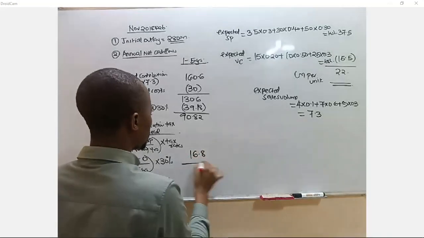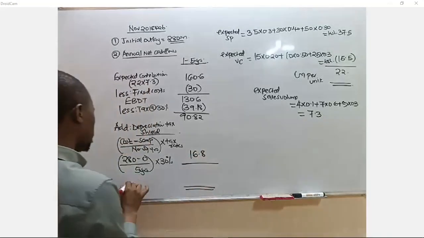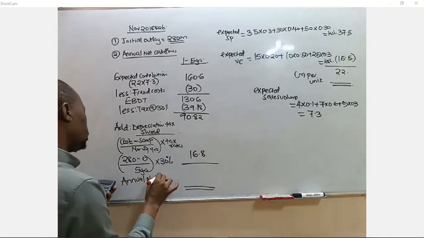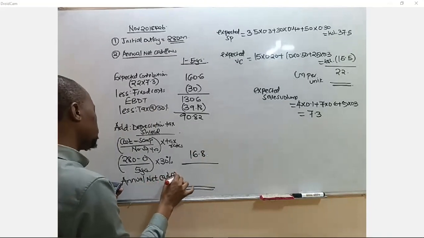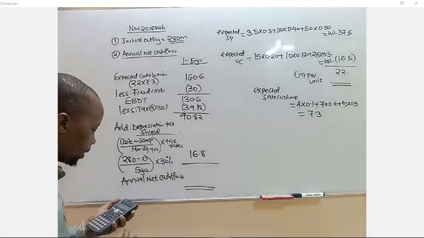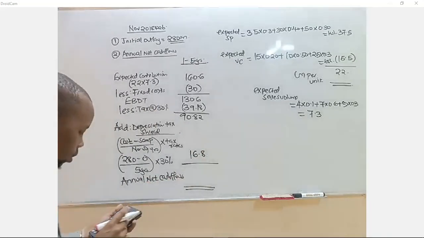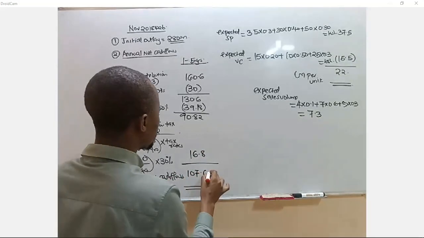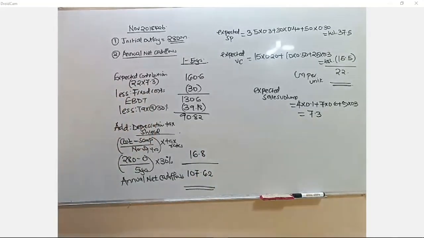So what is our annual net cash flows? Annual net cash flows. If you use the long method, this is what you will get. You will get 106 or 107, it should be 107.62. 107. Is it 107?